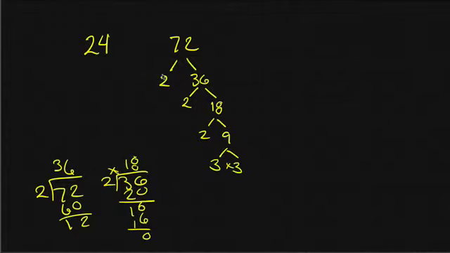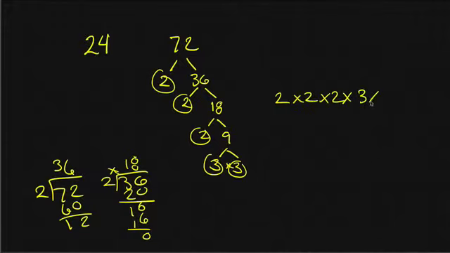Okay? So look at all these primes here. So this equals 72. 2 times 2 times 2 times 3 times 3. All right, now 24, if I remember correctly.